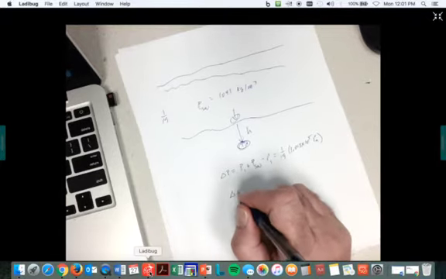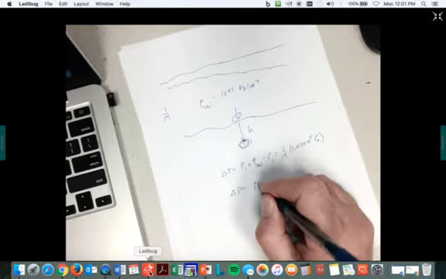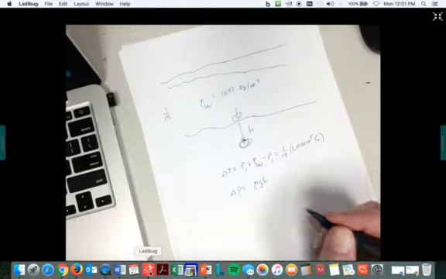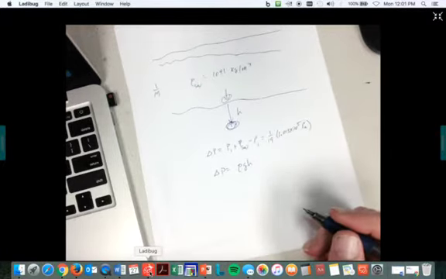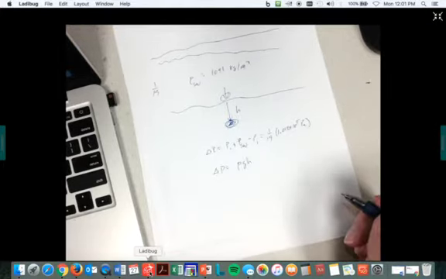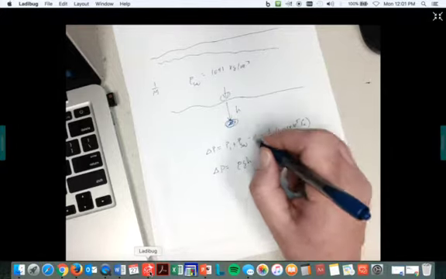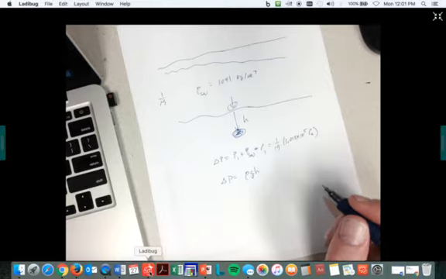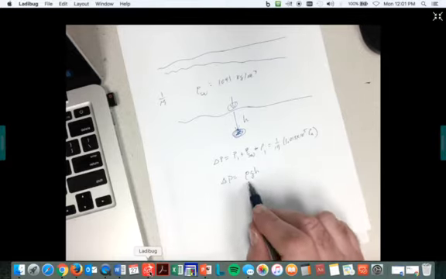And this change in pressure, I've already said, is rho g h. I think I might be overthinking it, because I think I need to add that pressure too. But anyway, let's just go with this.